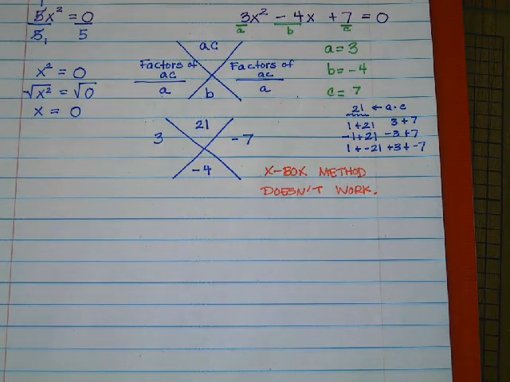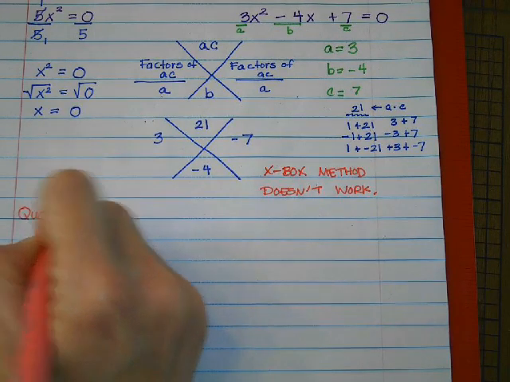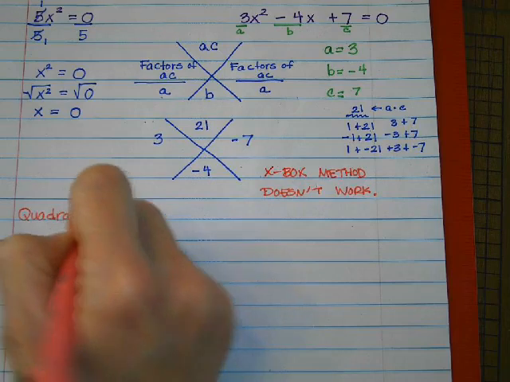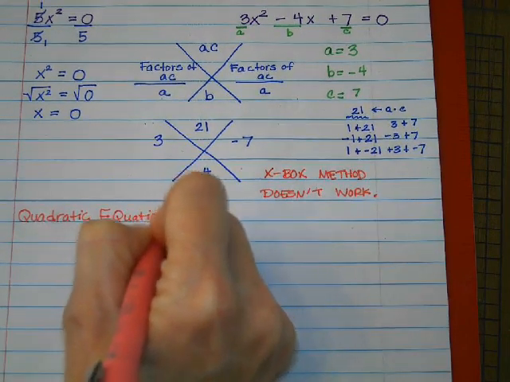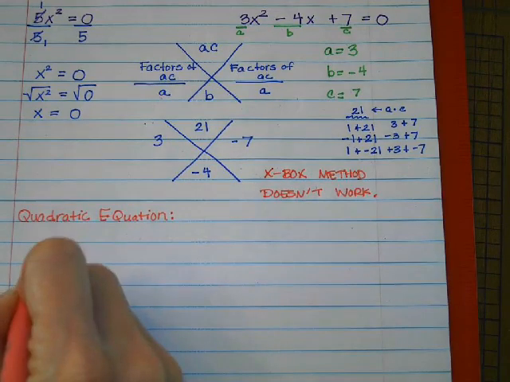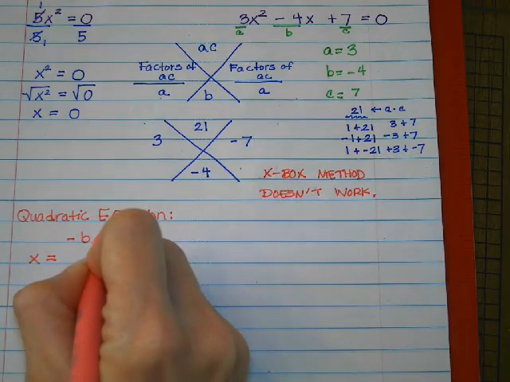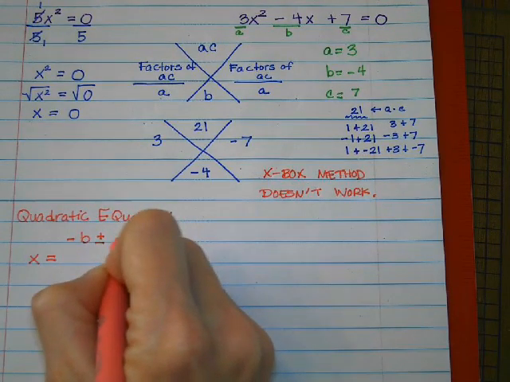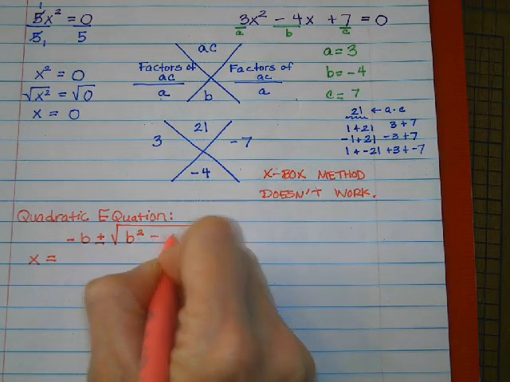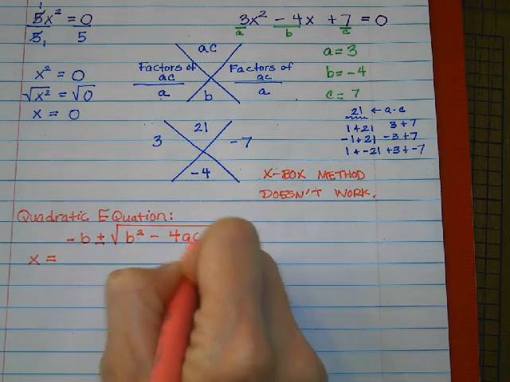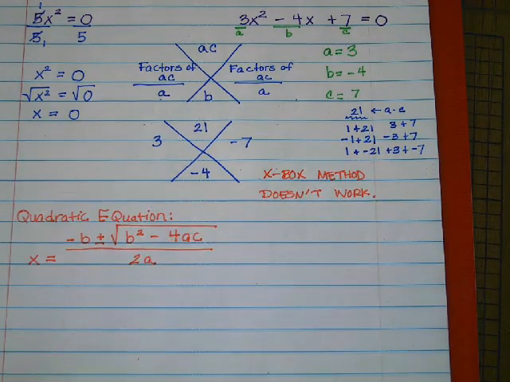So let's go ahead and make sure we know the quadratic equation. Our quadratic equation is x is equal to -b plus or minus the square root of b squared minus 4ac, all over 2 times the a value.